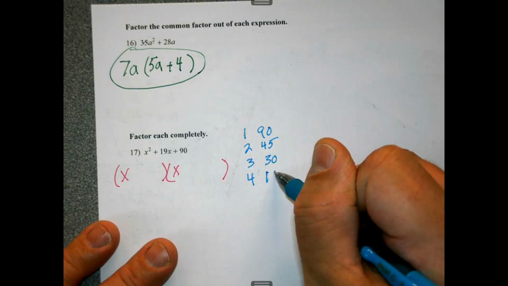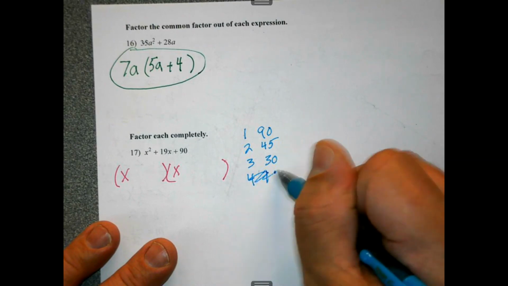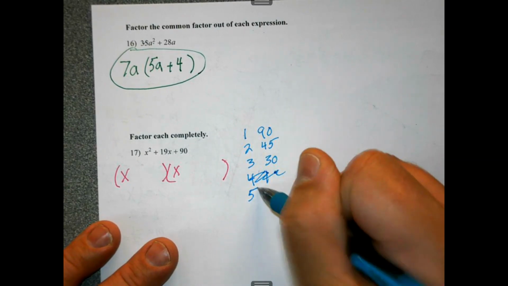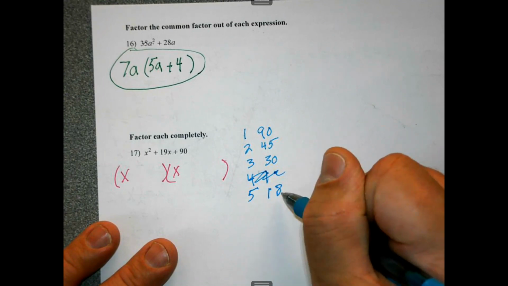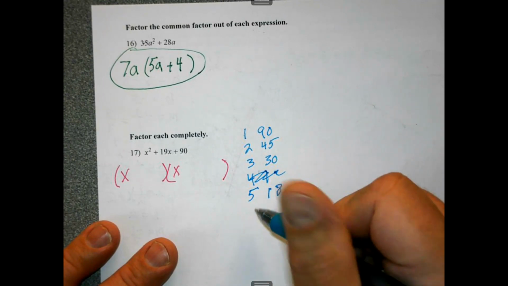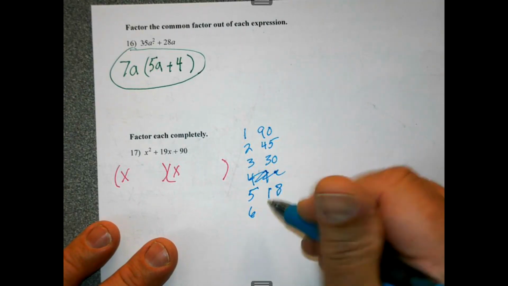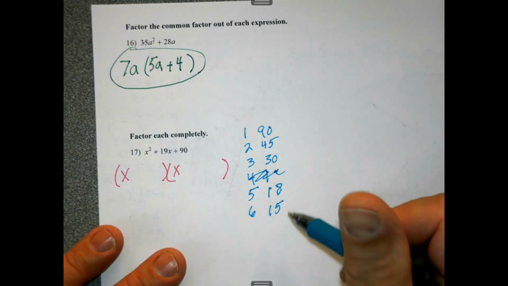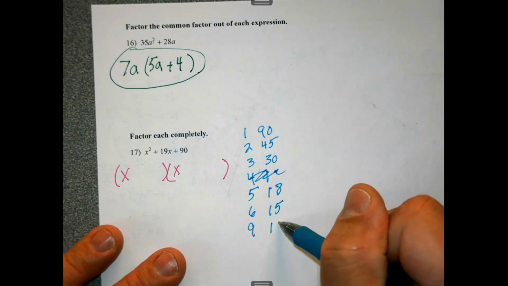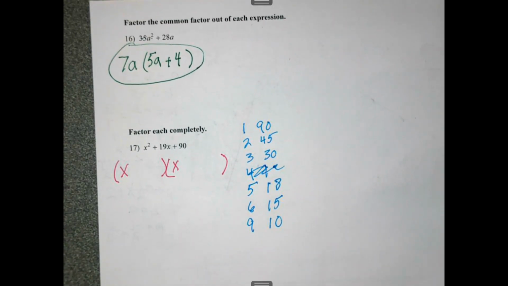No. See, 2, 8, 10. Nope, 4 doesn't work. 5 times 18. See, 6 does work. 6 goes into 90, 15. 7 doesn't work, 8 doesn't work, 9 works. Well, there's a lot of factors for 90, right?